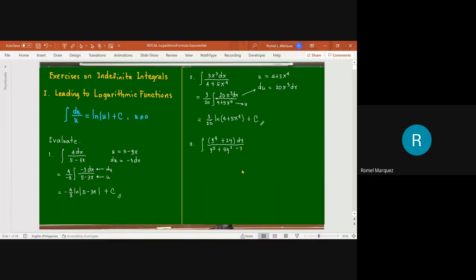So what about this? So again, let's check. Let u be equal to y to the 5th plus 5y squared minus 3.